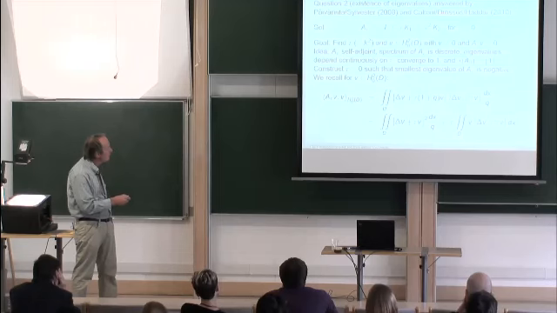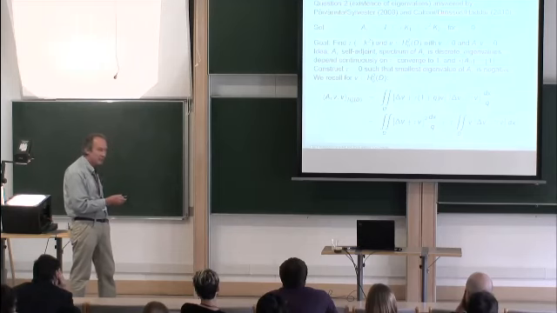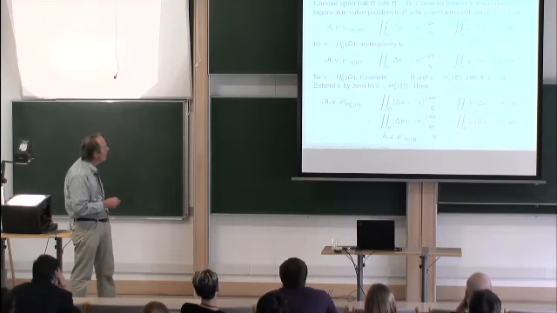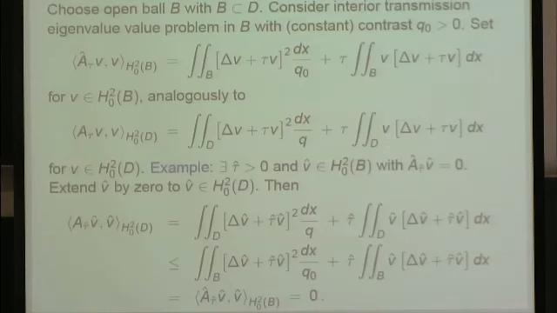But Cakoni, Gintides, and Haddar had a much simpler idea, and that's the following. We take an open ball which is inside of D, and we consider the interior transmission eigenvalue problem in this ball B with constant contrast Q0. Q0 was the lower bound of Q. Now you are in a ball with a constant.